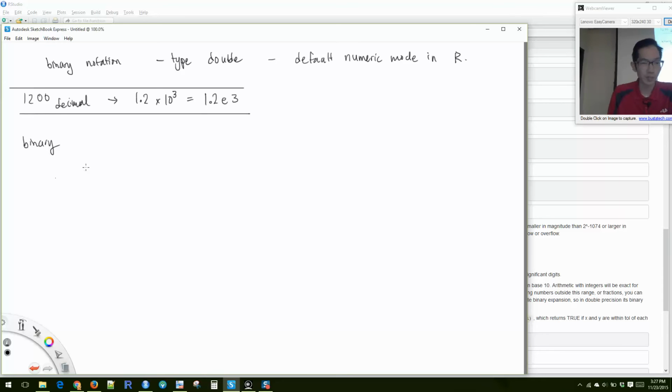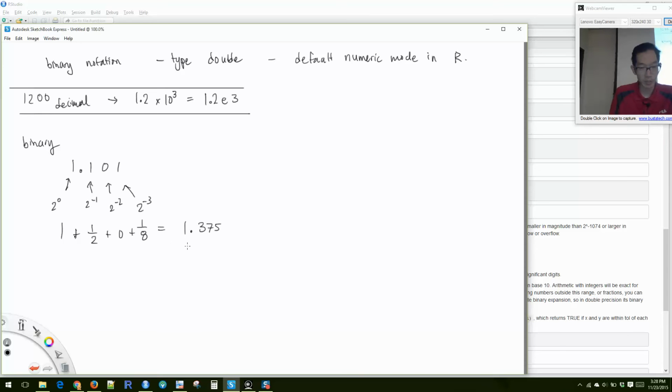With binary, you're going to have to represent things this way. If we have something like this, this is basically 2 to the 0, and then 2 to the negative 1, 2 to the negative 2, and 2 to the negative 3. So this would be equal to 1, plus 1/2, plus 0, plus 1/8. So this would be 1 and 3/8.